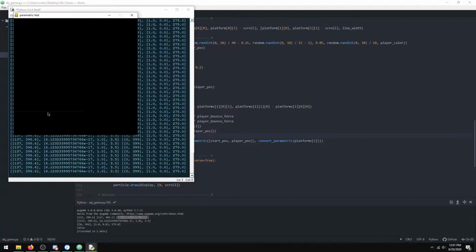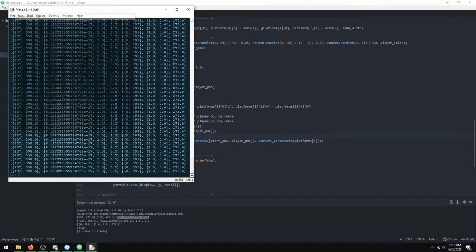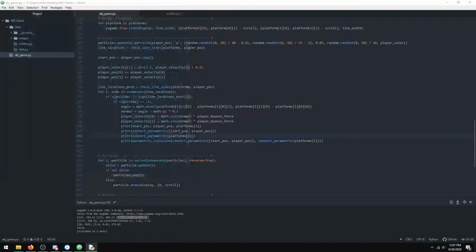Wait a second. It's saying it doesn't cross. Excuse me? Is this like a rounding issue, or... I'm hoping it's not, because rounding issues are hard to deal with.